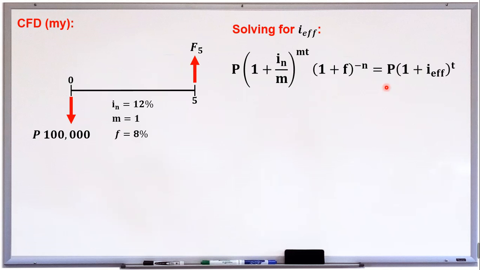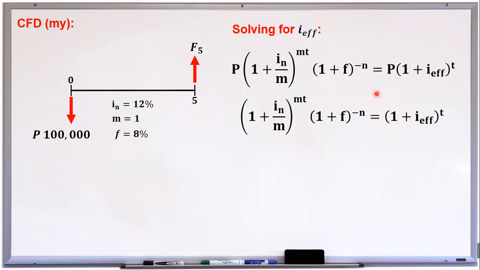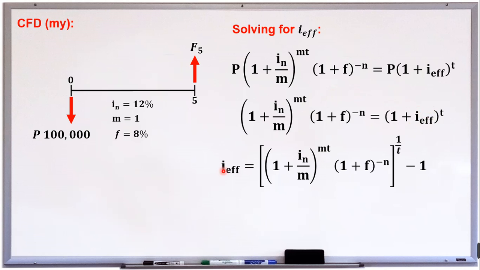For this equation, the present worths will be cancelled out, so what's left is only this expression. We're going to modify this formula as a function of the effective interest rate. With several modifications, the effective interest rate is equal to this expression.